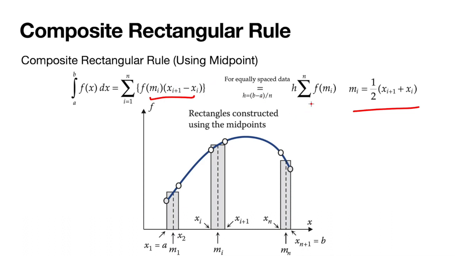If we are using equally spaced data points, then we can take the h value out, and this is the formula for our composite rectangular rule using midpoints.